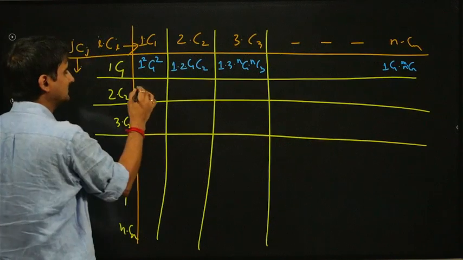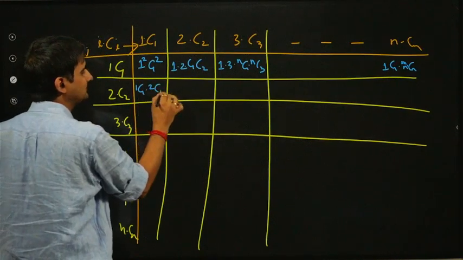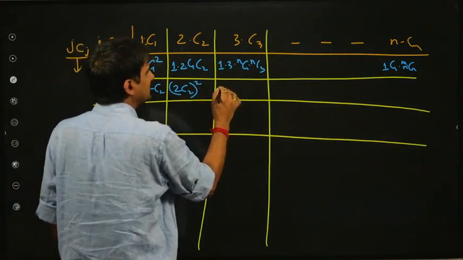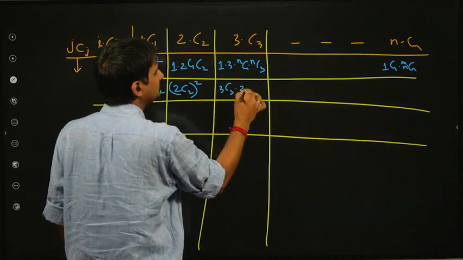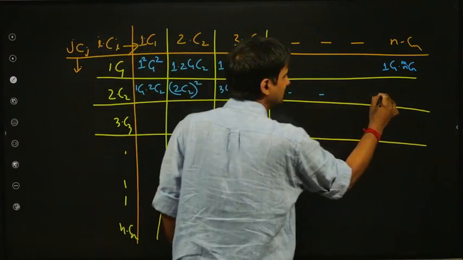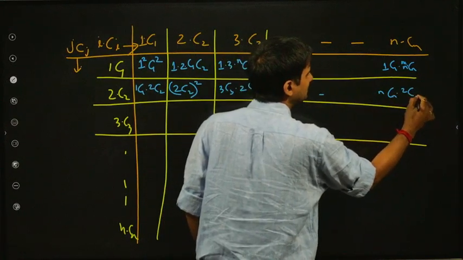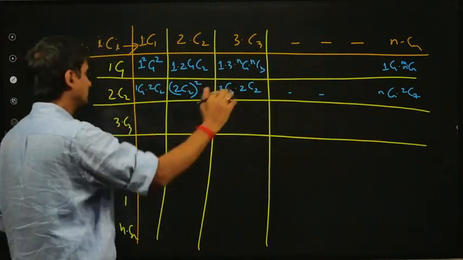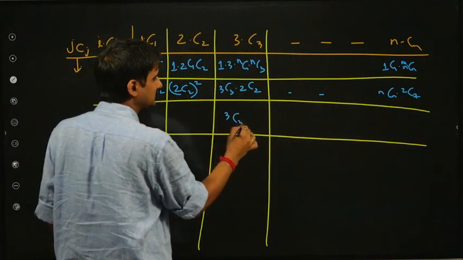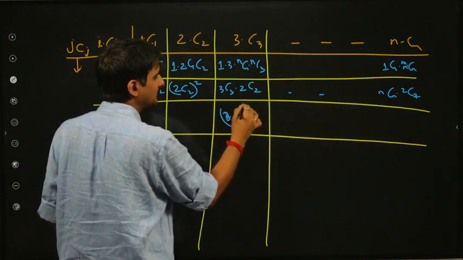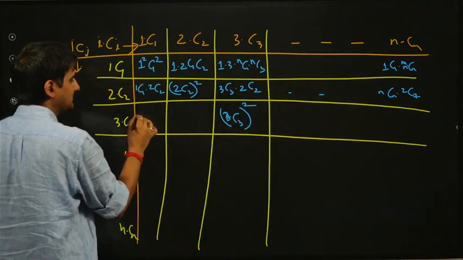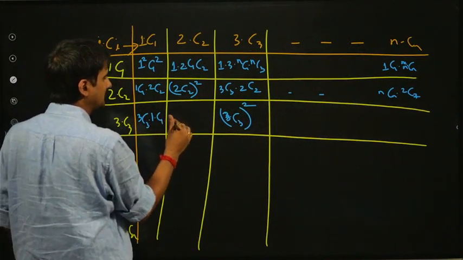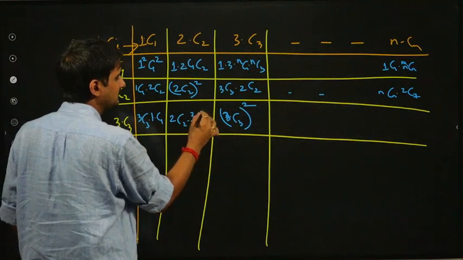Okay, similarly this will be 1 C1 into 2 C2, and this will be 2 C2 whole square, and this will be 3C3 into 2C2, and so on. This will be nCn into 2C2 here, right? Likewise, you go on writing it. So this will be 3 into C3 whole square. Okay, and similarly it will be 3C3 into 1 into C1, and this will be 2C2 into 3C3, and so on.